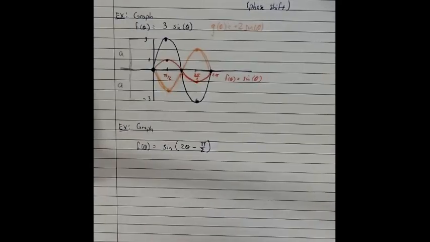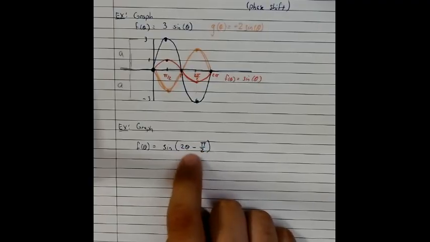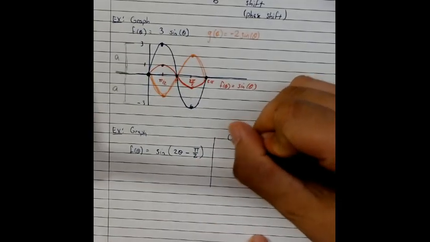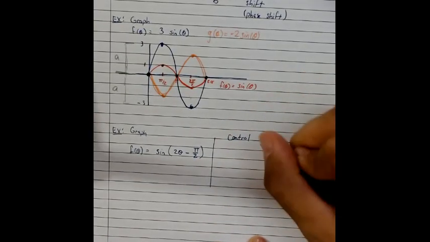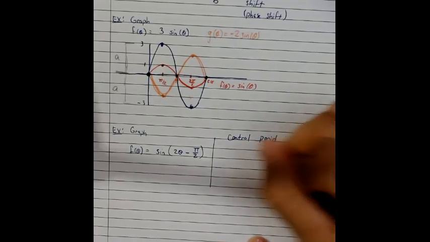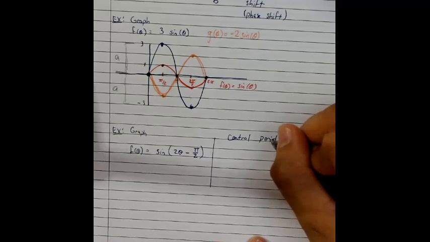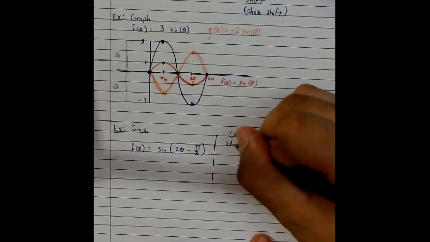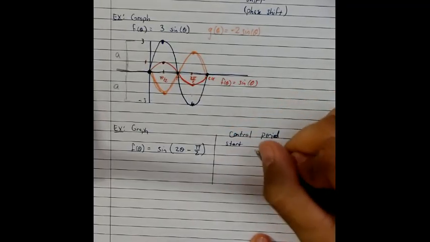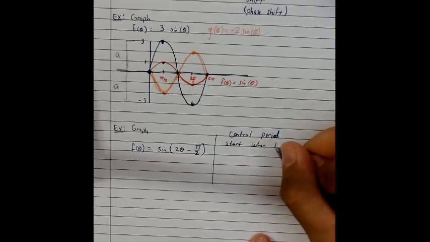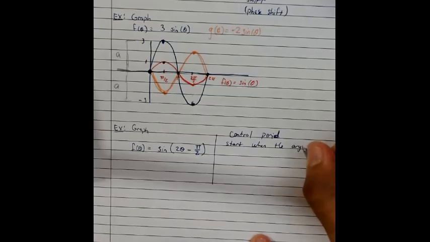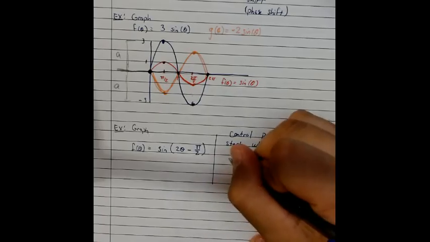So the question is, well, what do I have to do to make this 0? Oh, well, let's find out. The central period, I don't know how to spell central period. There we go. The central period will start when the argument, in other words, the stuff in the parentheses, when the argument equals 0.